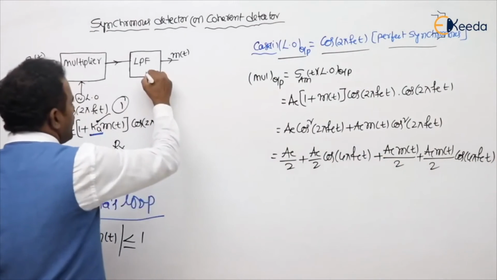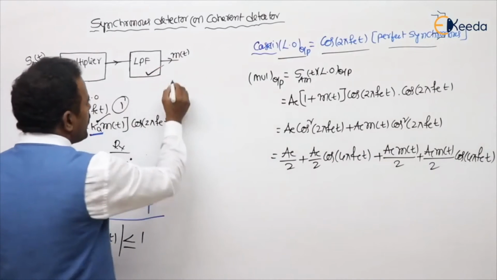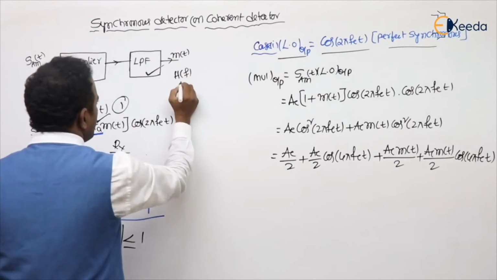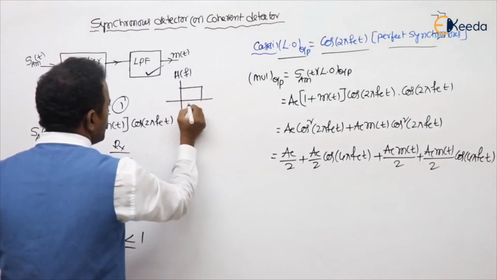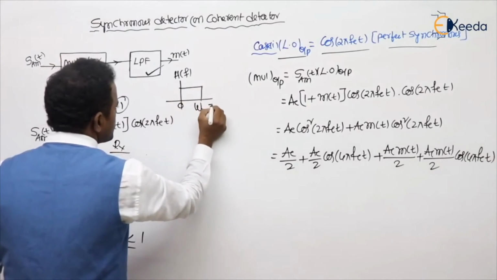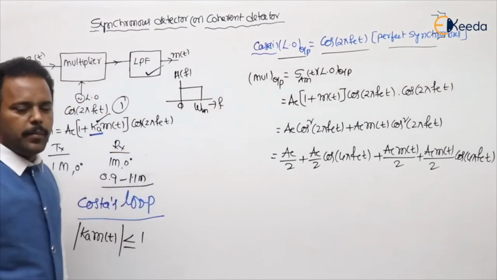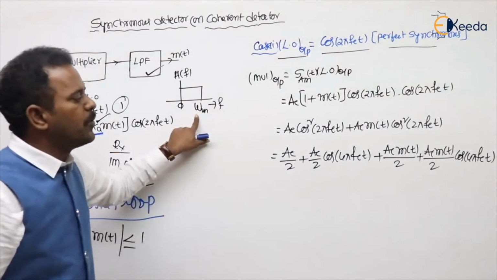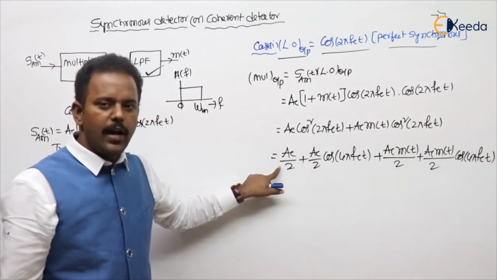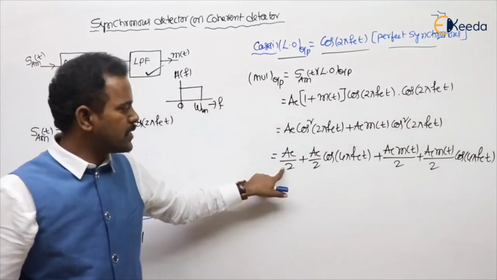All these are given to a low pass filter. Up to where do we design the low pass filter? Up to omega m, the message signal bandwidth, so it allows all frequencies up to omega m. The first one, the DC value, we can block by using capacitors.